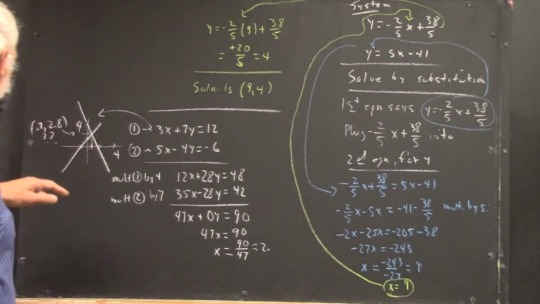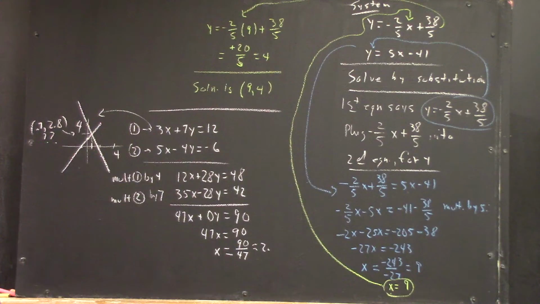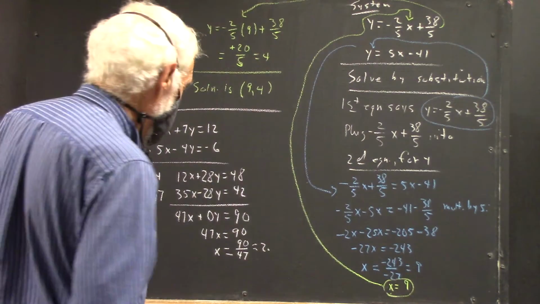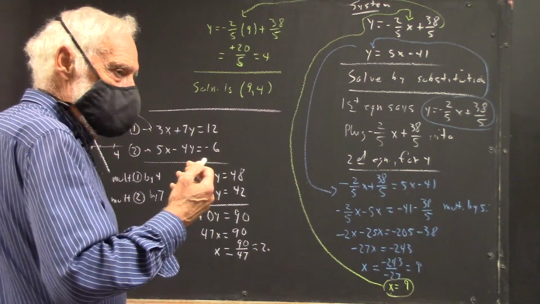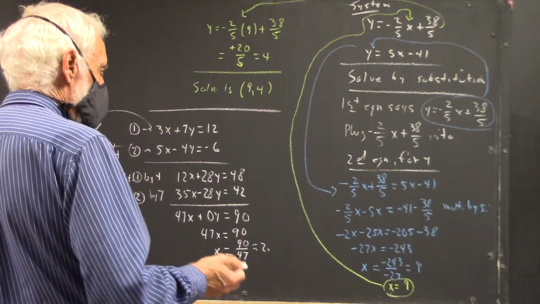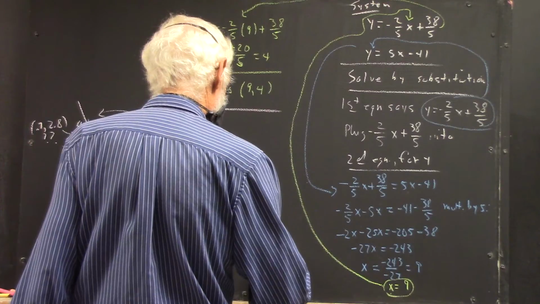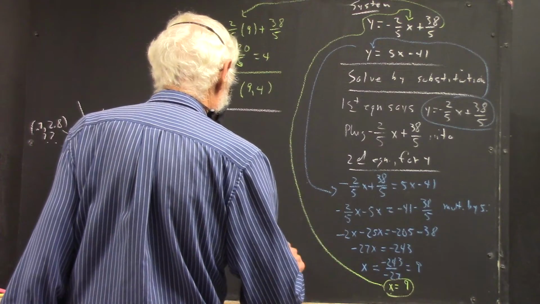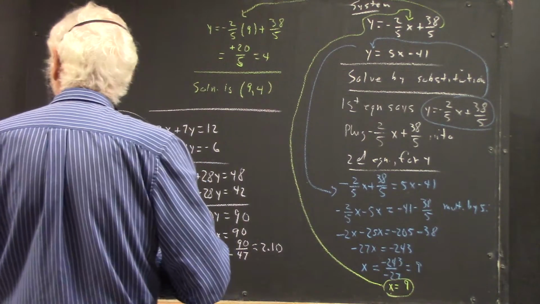I said 0.7. I'm suspecting I did some other bonehead thing, but anyhow, it's going to be 2 and 6/47, which is pretty close to 2 and 6/48, and 6/48 is an eighth, so I'm going to say this is about 2.1. Okay, so what do we do?